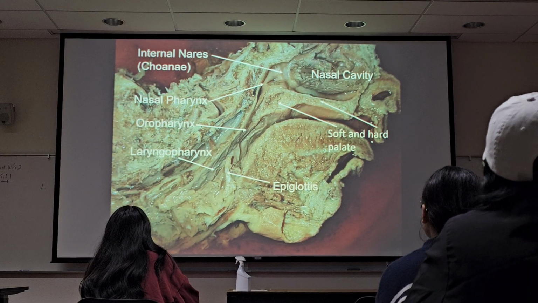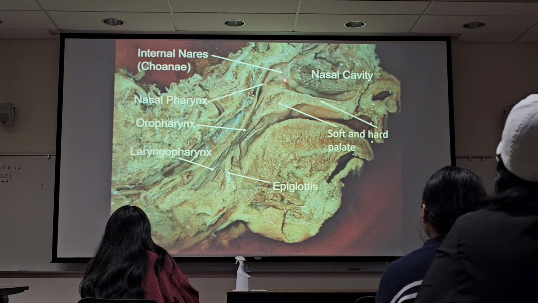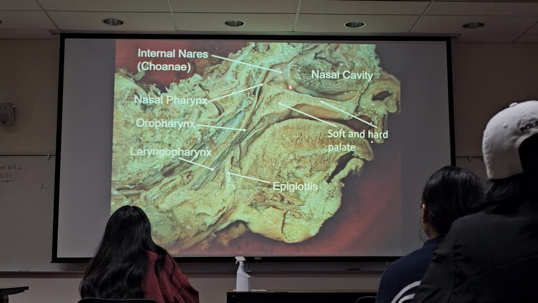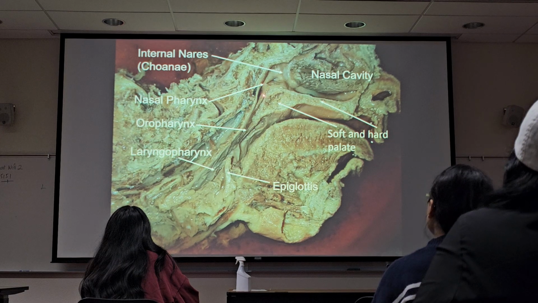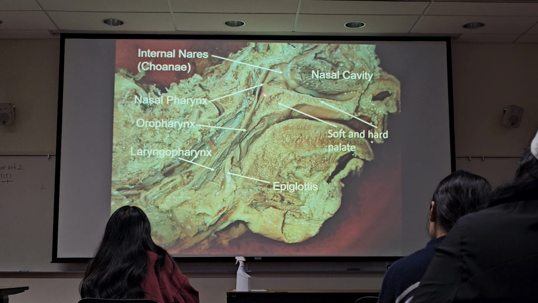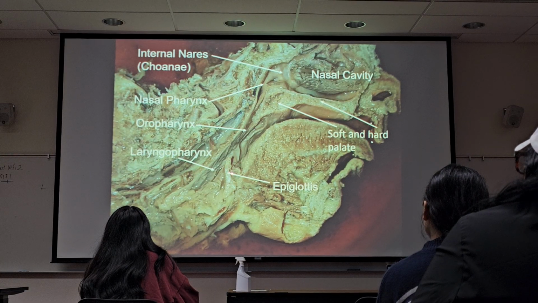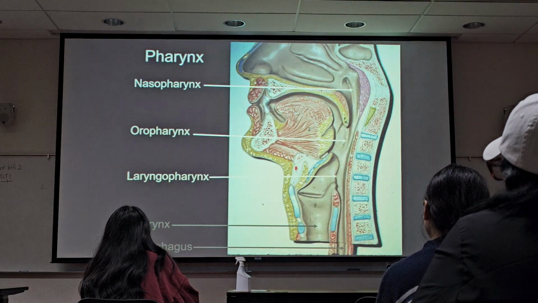And here we can try to make things out. That's the nasal cavity. That will be the internal nares that lead us into the nasopharynx behind the nasal cavity, the oropharynx behind the oral cavity, and then the laryngopharynx behind the larynx. And here's the lid to the larynx, the epiglottis.